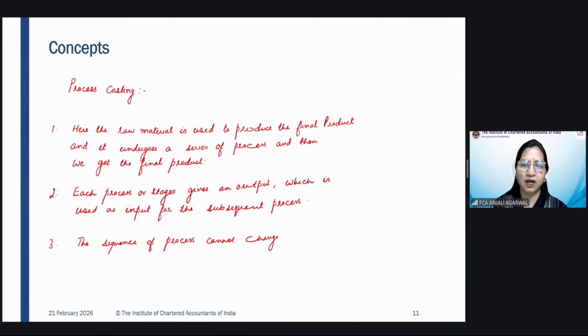However, the finished output of any process becomes the input for the next process. So the finished output of process 1 becomes raw material for process 2. The finished output of process 2 becomes the raw material for process 3. And from the last process, it moves to the finished goods account or is sold from there itself.